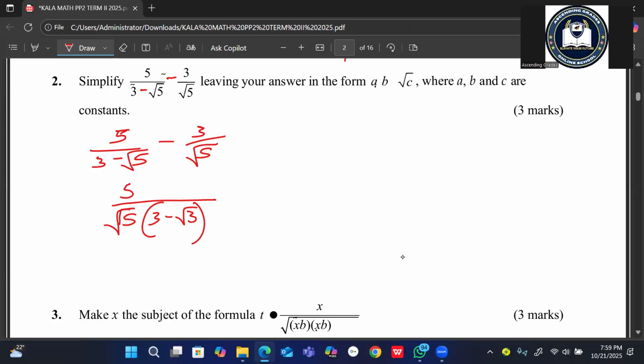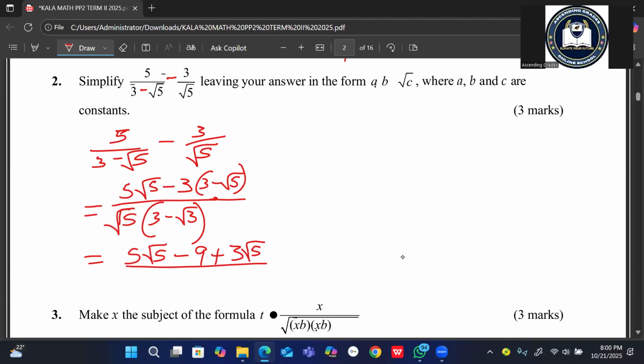Here it will be 5 root 5, then minus 3 into 3 minus root 5, which simplifies further into 5 root 5 minus 9 plus 3 root 5 out of 3 root 5 minus root 15.